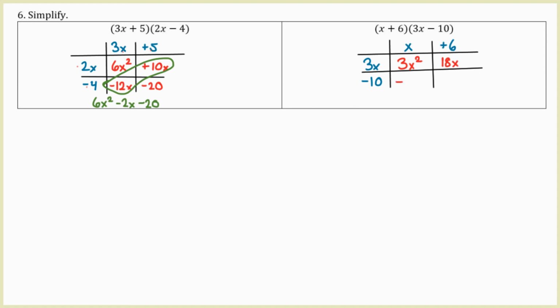Negative 10 times x, negative 10x. Negative 10 times 6, negative 60.